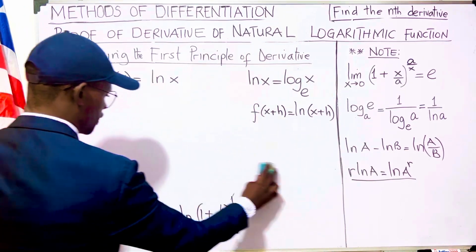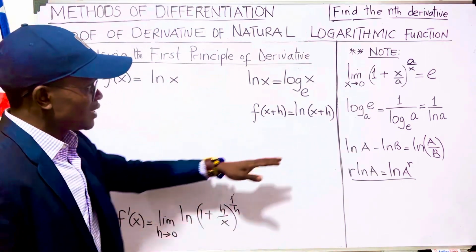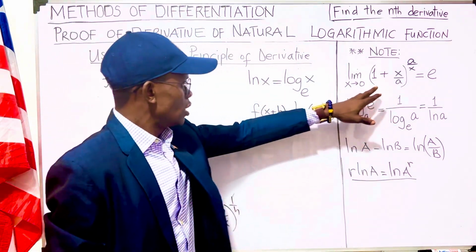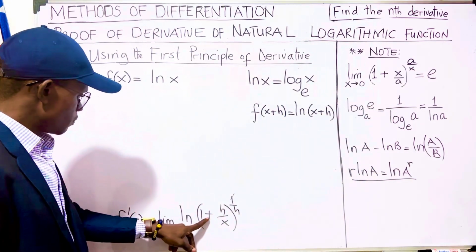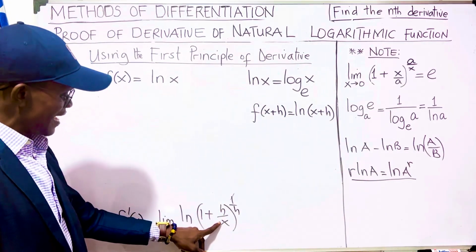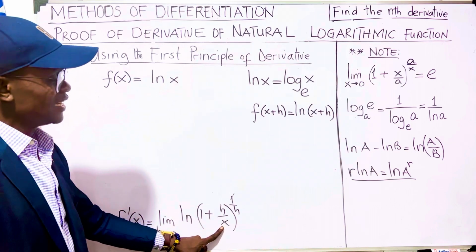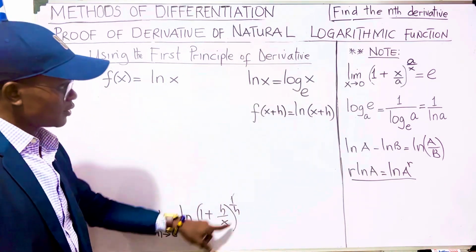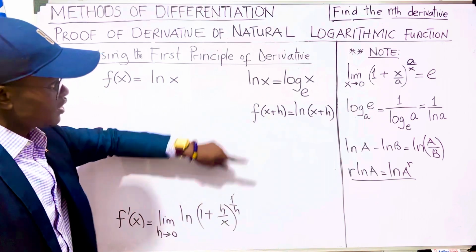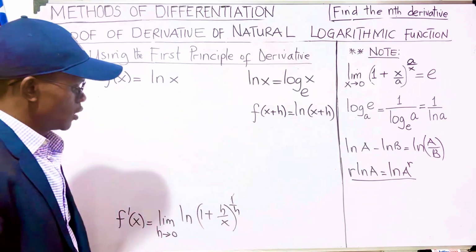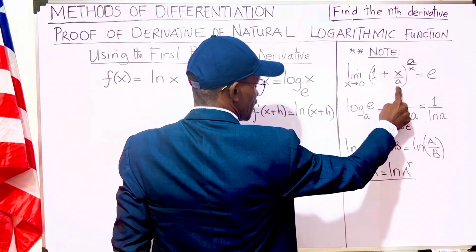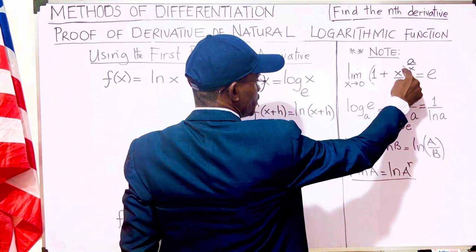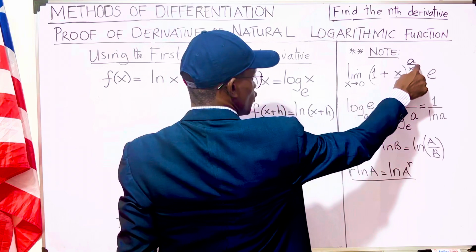Now we also observe that from this particular standard limit, we have 1 plus x over a. Here it is 1 plus h over x. Here x represents a, and h is equal to x. If you have x over a, the power is the reciprocal, which is a over x.